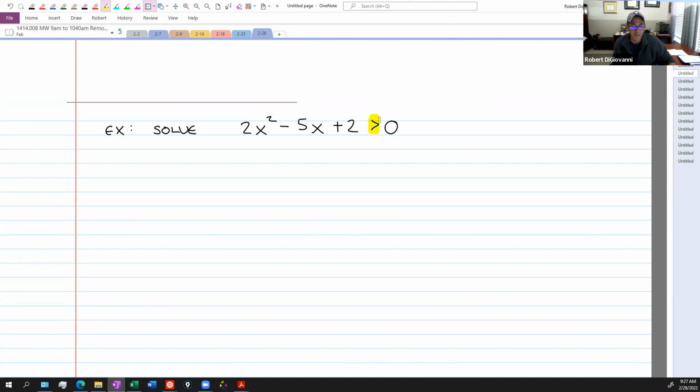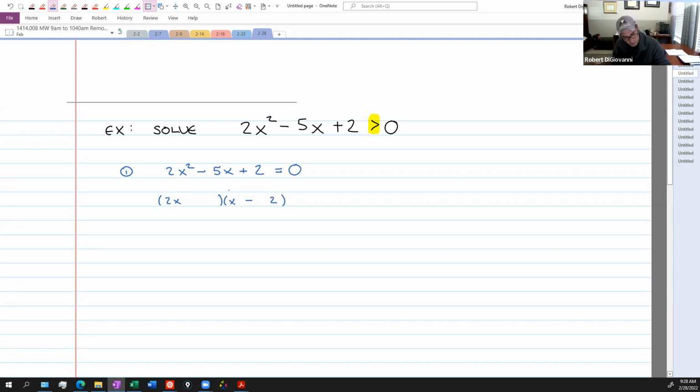So, okay, first thing I'm going to do is set it up like an equation first. And then I'm either going to factor it or I'm going to use the quadratic formula. Well, I'm going to factor it because it does factor. So if you needed to do the quadratic formula, that's fine, but I'm not going to.